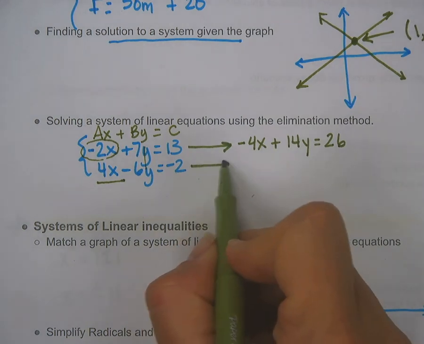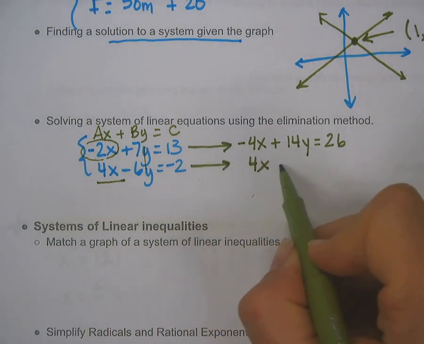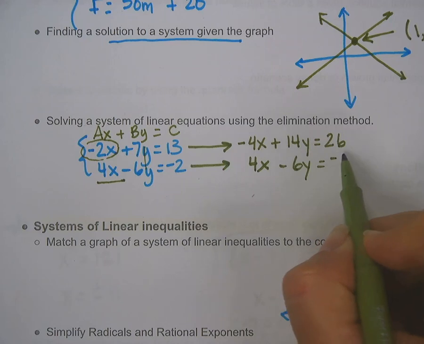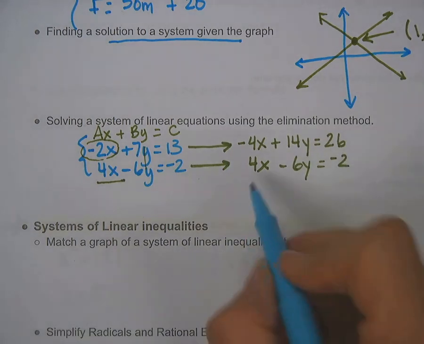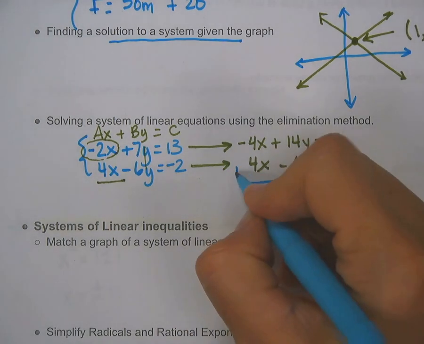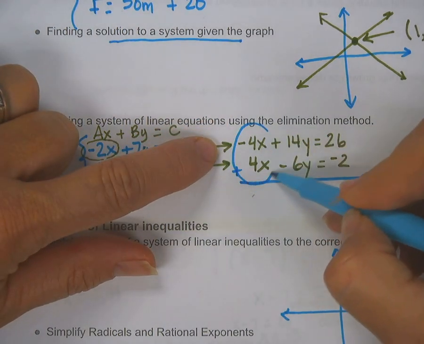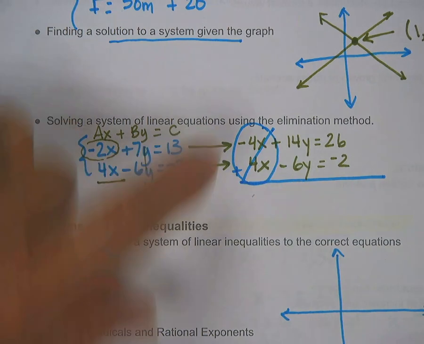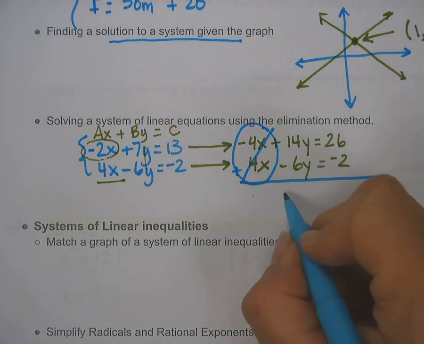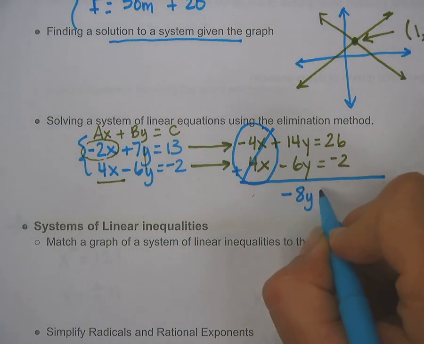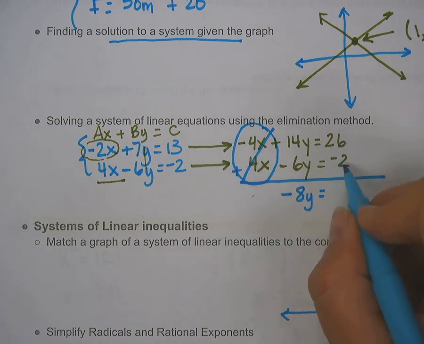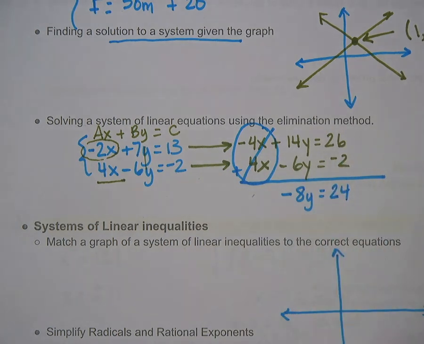I'm going to keep the bottom equation just as it is, because now when I add these two equations together, I can see that the negative 4x and the positive 4x are going to cancel out. 14y minus 6y is 8y, and 26 minus 2 is 24.